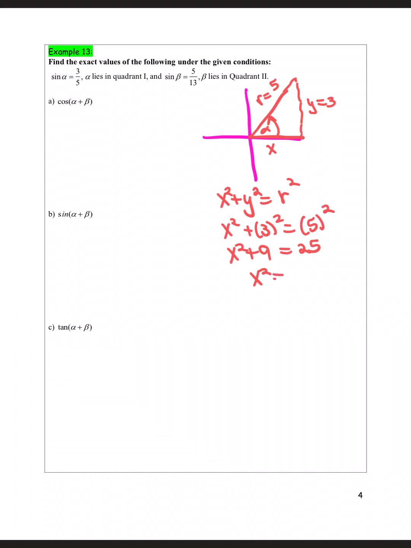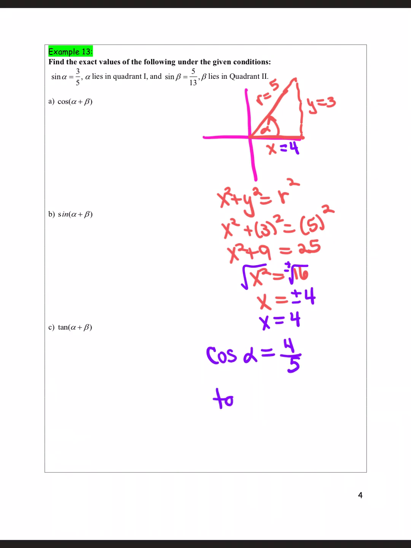Subtracting 9, we get x squared equals 16. And when I take the square root, it's always plus or minus. But we're in quadrant 1, so x is 4. And so for this particular one, I have that cosine of alpha is 4 over 5.